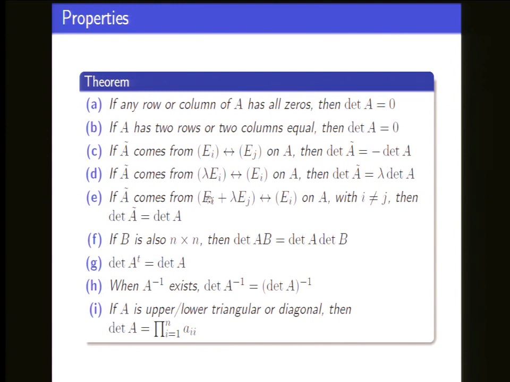Except if you flip rows, then you know from the volume interpretation that you're going to flip the sign. And if you multiply a row by lambda, you also scale the determinant by lambda. But if you think about it, we never really did that in Gaussian elimination. We just subtracted multiples of rows, but we didn't really scale rows.